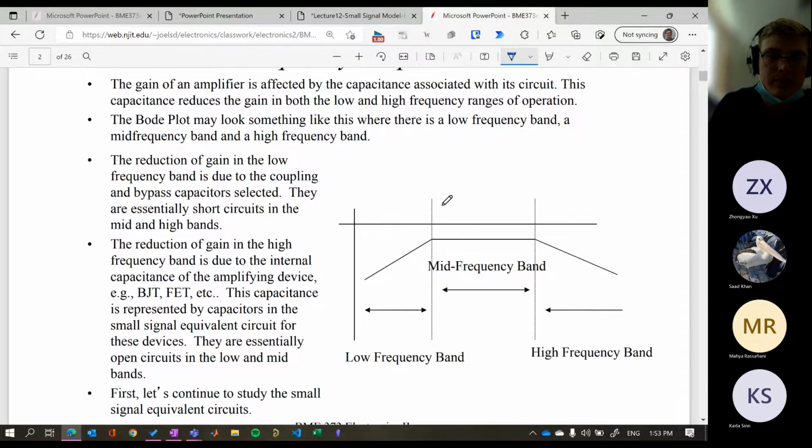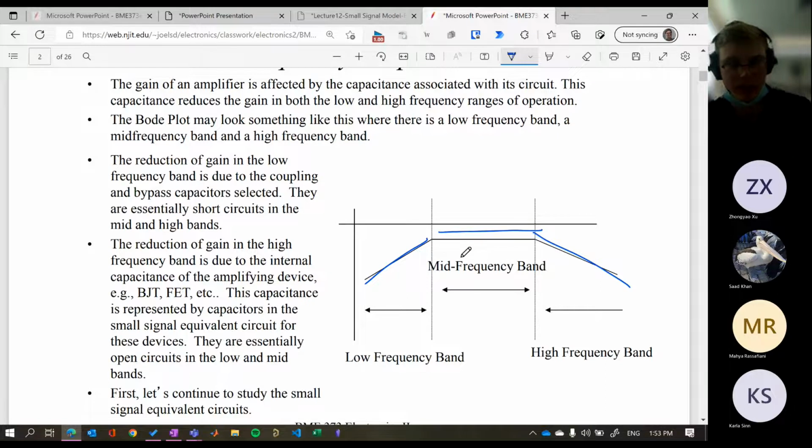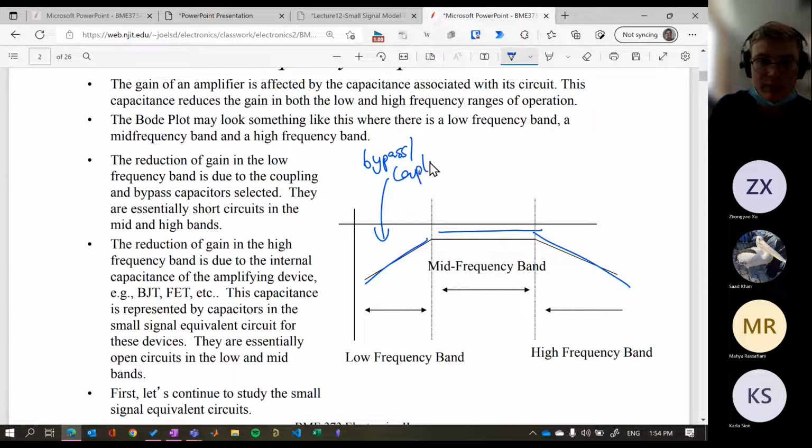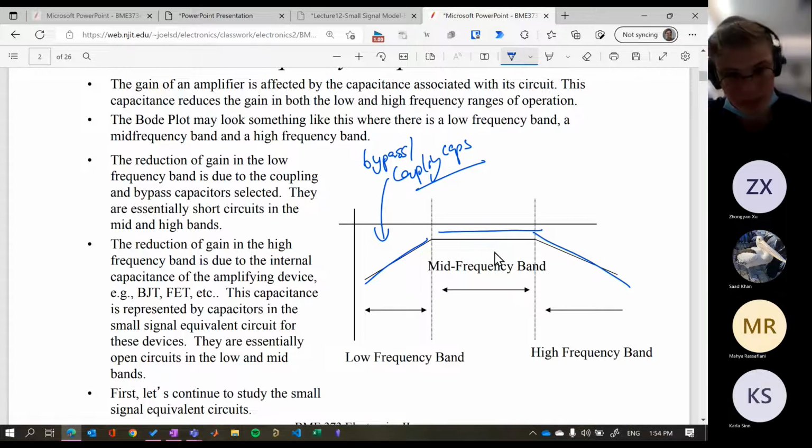So we have a low frequency band where it essentially tails off, a mid frequency band, which is where we get sort of a constant gain throughout the frequencies, and then the high frequency band where it starts to tail off again or attenuate. This one is because of our bypass and coupling caps. So we're sort of determining that. They become sort of short circuits, so we don't really worry about them.